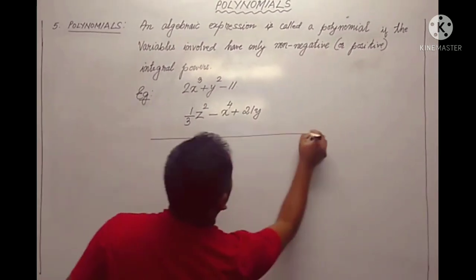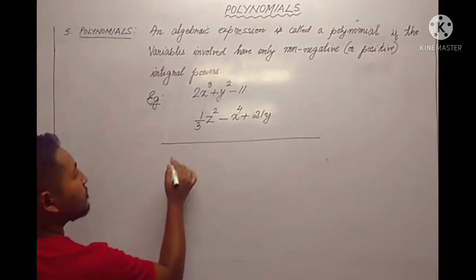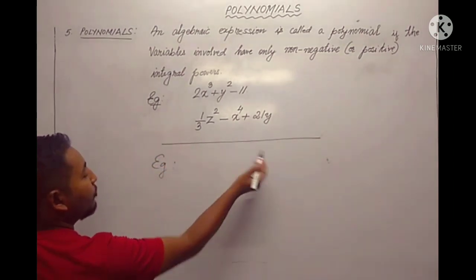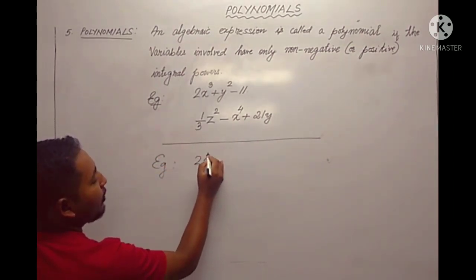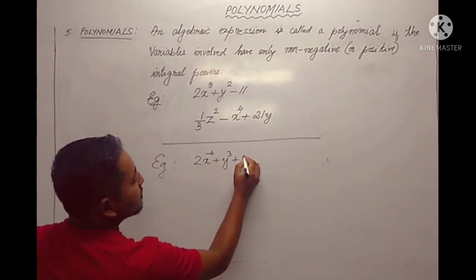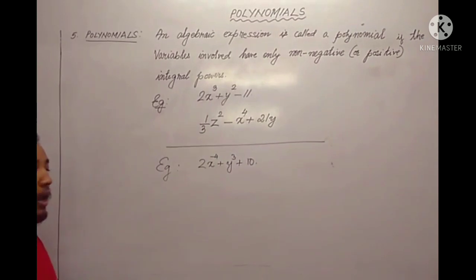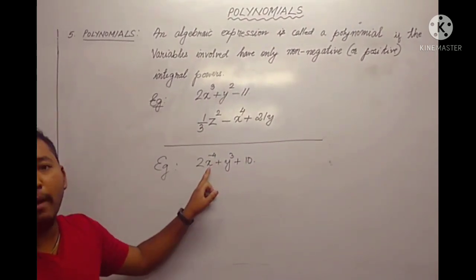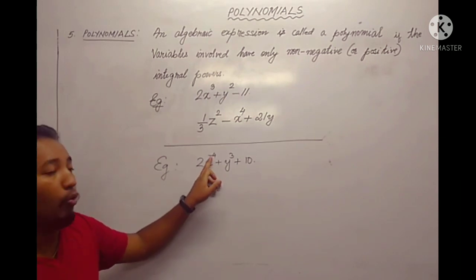Now, for example, I'll give you 2x to the power minus 4 plus y to the power 3 plus 10. If you look at this expression, the power of x is minus 4.